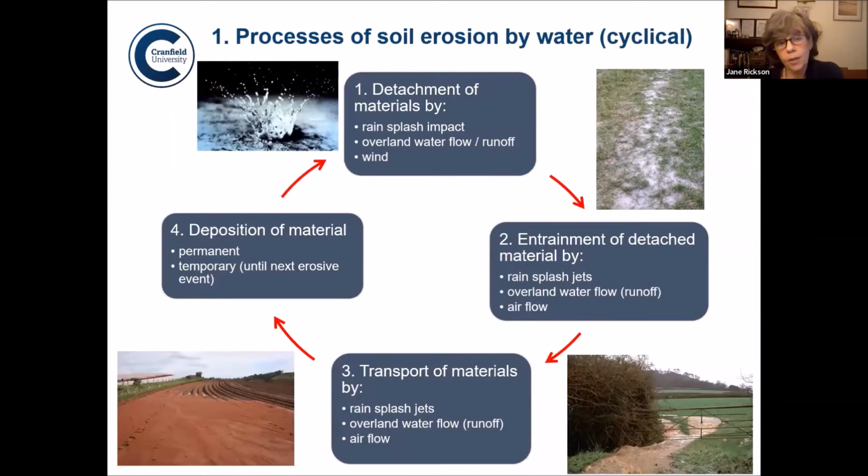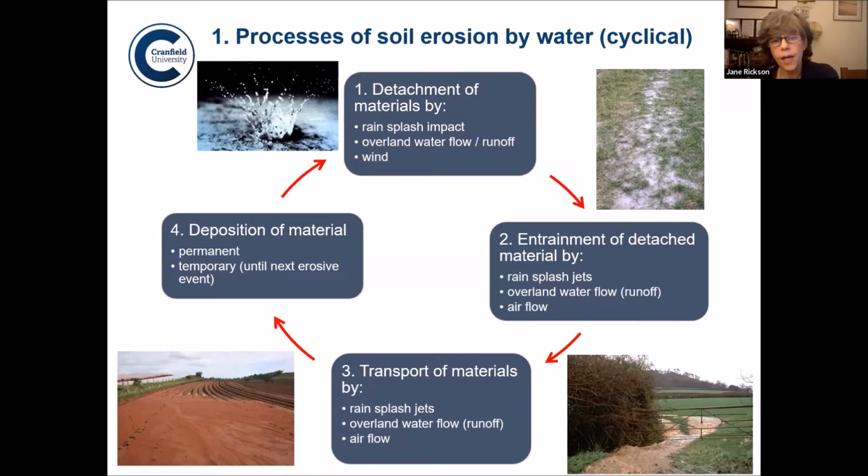So again, if we look a little bit at the processes, it is a cyclical, natural process, but it's often aggravated by the way in which we manage and use land. Often on a construction site, we're taking away the vegetation and exposing the bare soil to rainfall. And that's where we have a high window of risk of soil erosion.